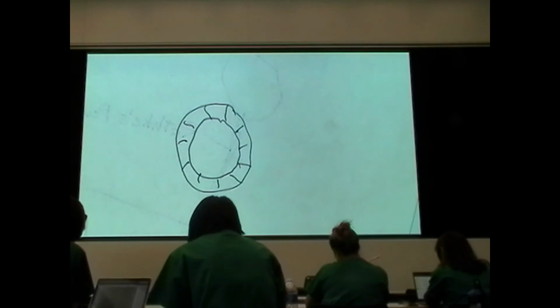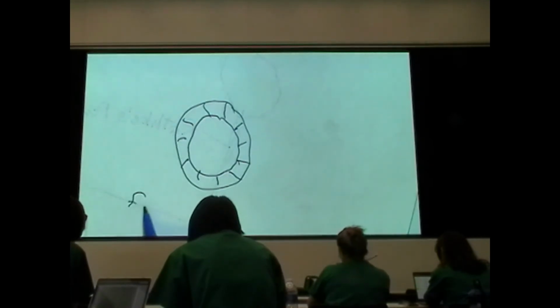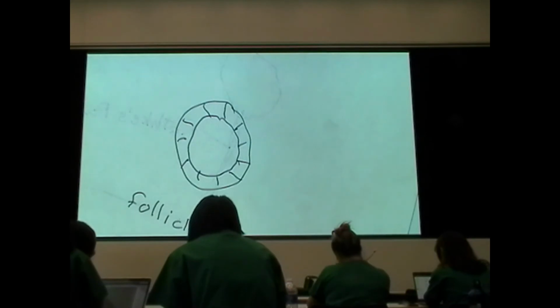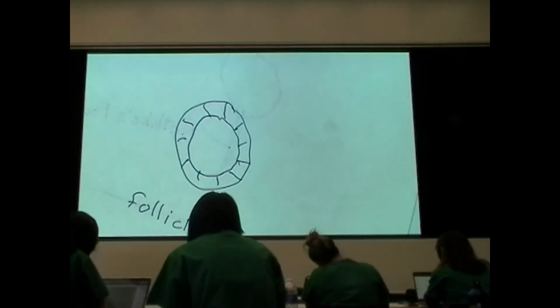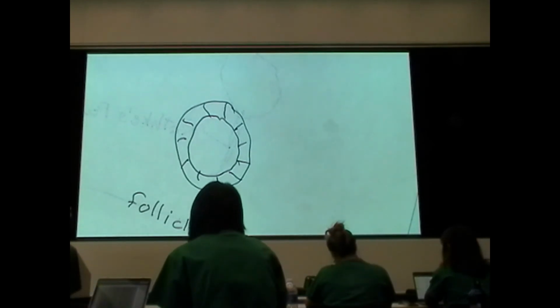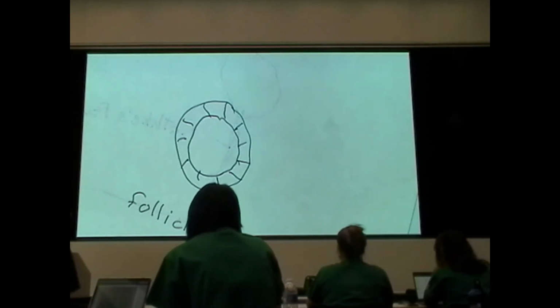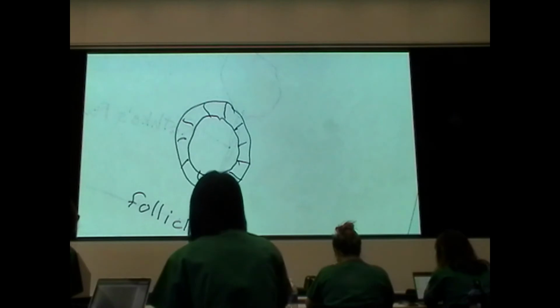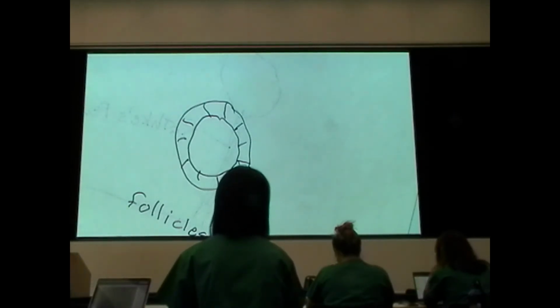Such structures are referred to as follicles. So the thyroid consists of a series of follicles which are of different sizes, different diameters. They're all over the place.